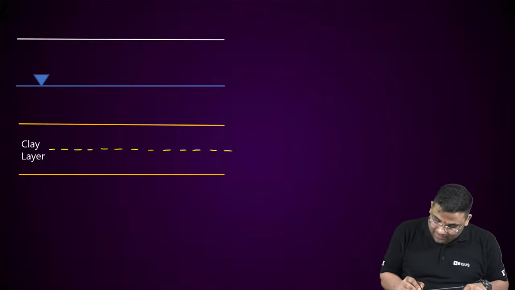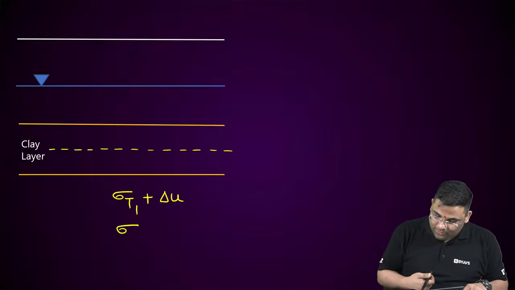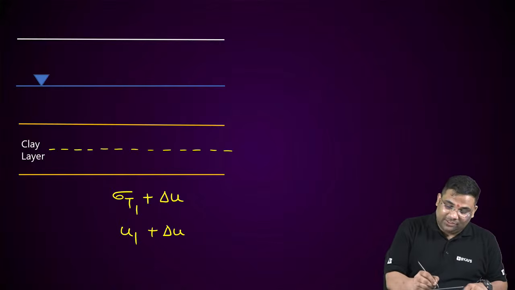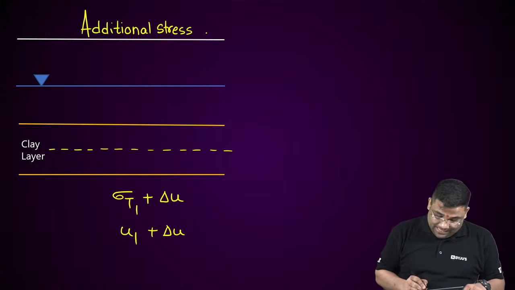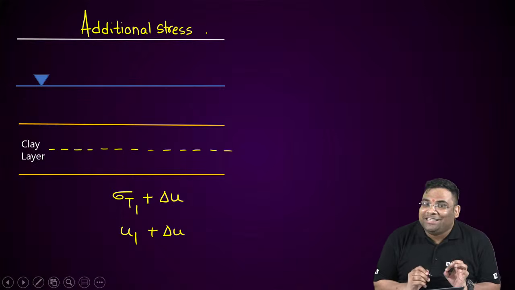What has happened? Total stress has increased, right? Now, your pore water pressure has also increased due to this additional stress, for the reasons I have already explained to you. Now, suppose this clay layer has drainage facility.